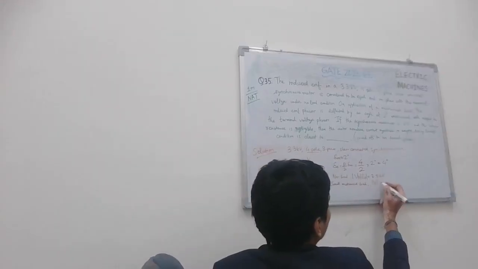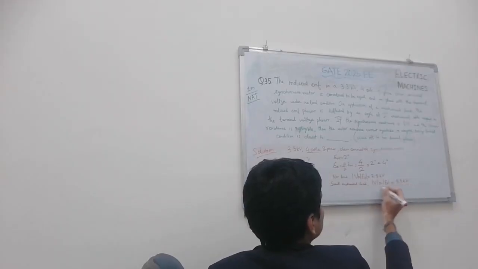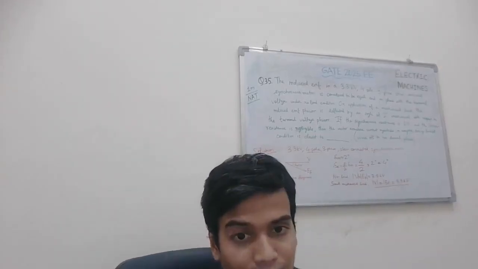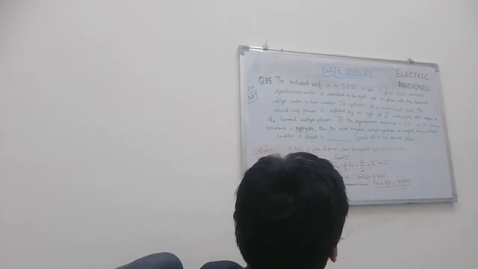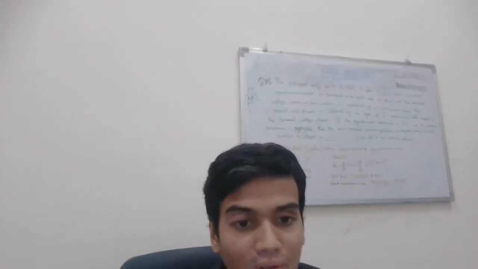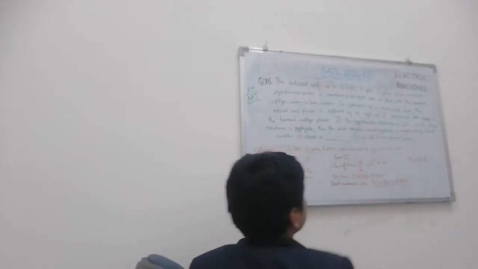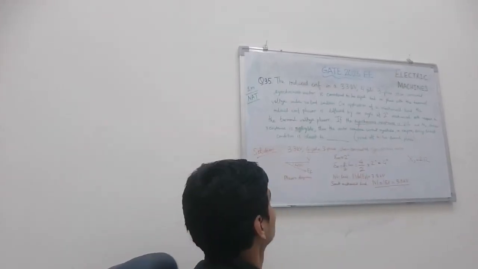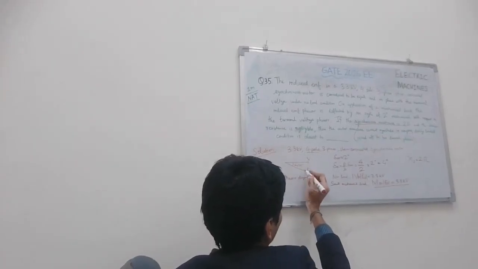Assume they remain constant. The voltage drop is due to the synchronous reactance, X equal to 2 ohms. Right? So the voltage drop at the terminal.